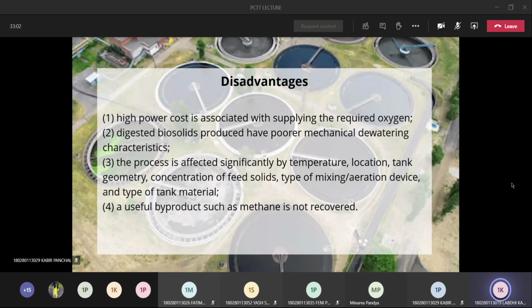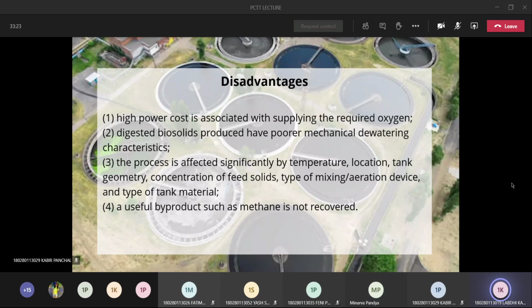There are certain disadvantages of aerobic sludge treatment, which include a higher power cost if the oxygen supply we use is of a higher cost. If the compressor we use consumes a high power, then the cost of the machinery will increase.